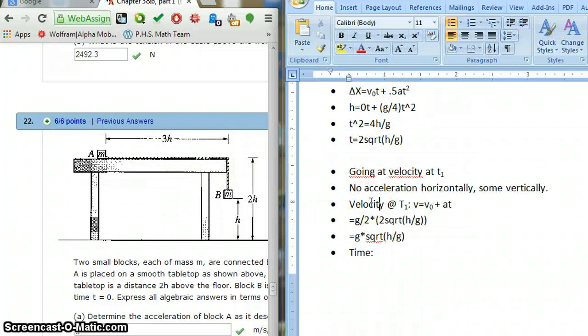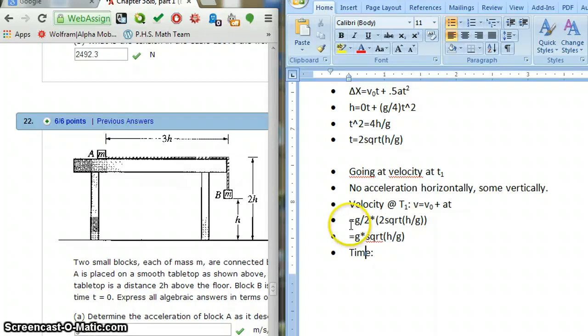Now we have to use two different things for that. First we use our first kinematic equation, v equals v naught plus at. And since we know both the time it takes for B to hit the ground and the acceleration of B and A, we can tell that this is the final velocity that block A is going to be going after block B hits the ground.